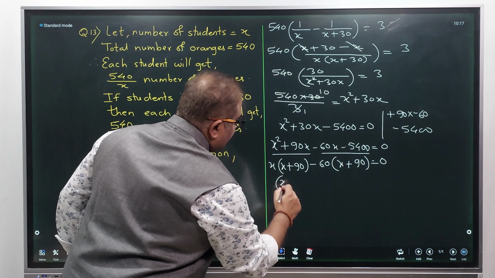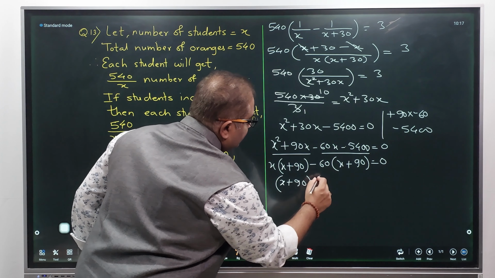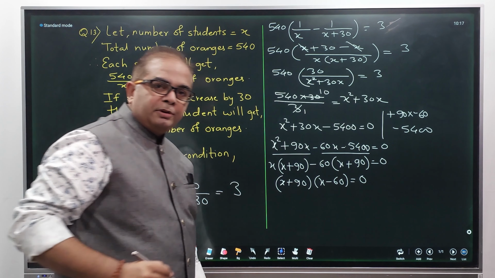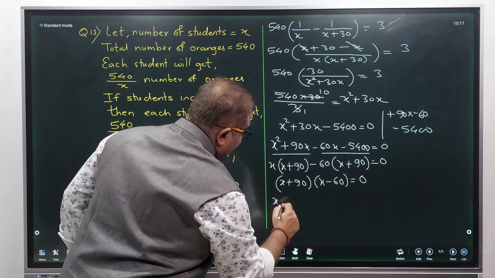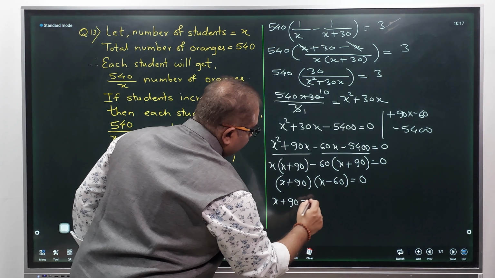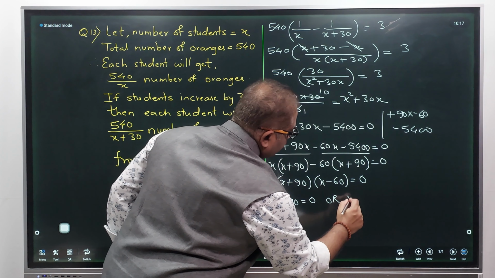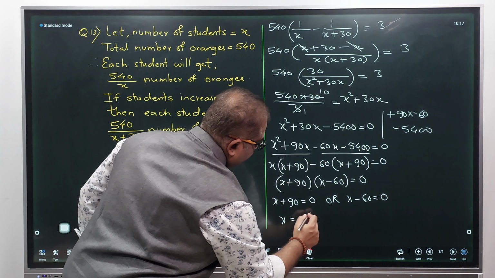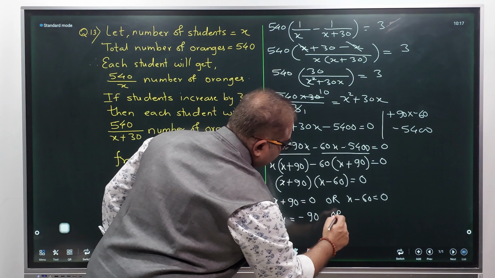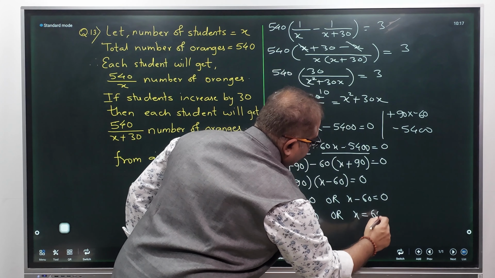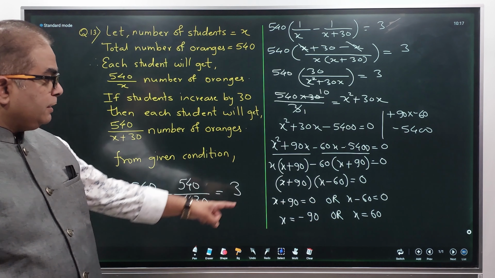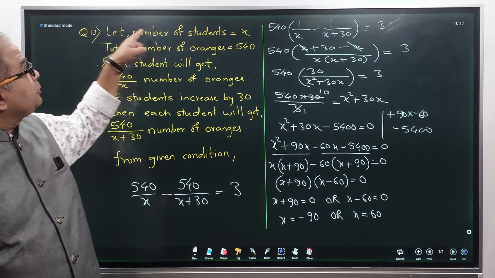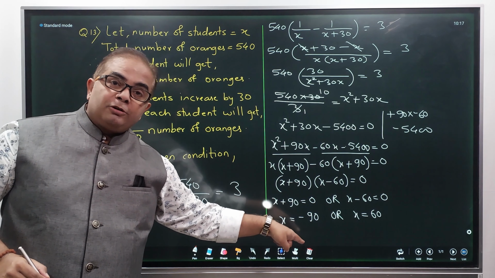तो एक ब्रैकेट में आपका आ गया x plus 90, सेकेंड ब्रैकेट में आ गया आपका x minus 60 equals to 0. So x plus 90 is 0, x minus 60 is 0. x is equal to minus 90 or x is equal to 60. Now what is x? x is number of oranges. Sorry, number of students. And number of students cannot be negative.